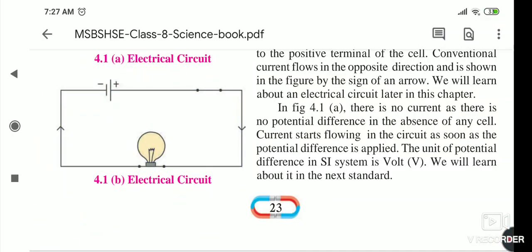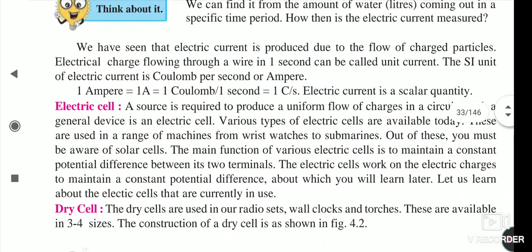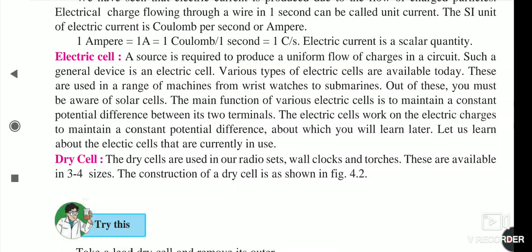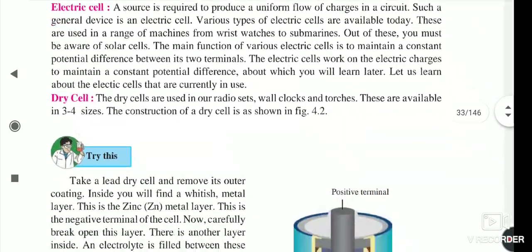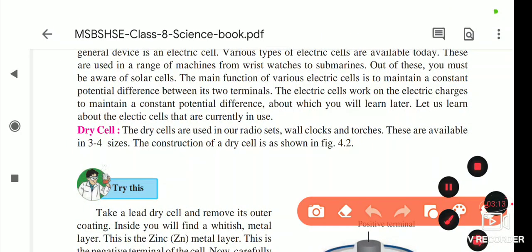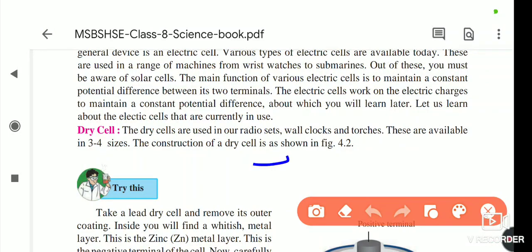For the flow of electricity, the potential difference is very important and required. So there is a negative terminal on one side and a positive terminal on the other, and because of this potential difference, electricity flows in the circuit.